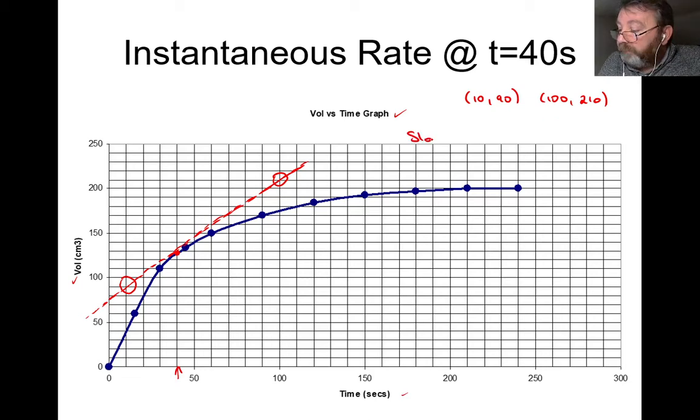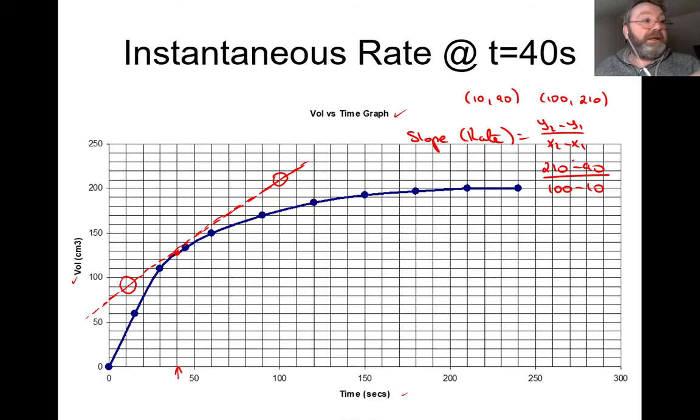So the slope, which is the rate, is equal to y2 minus y1 over x2 minus x1. So y2 minus y1, 210 minus 90 over x2 minus x1, 100 minus 10. 210 minus 90, so you can get your calculator to do this for you.